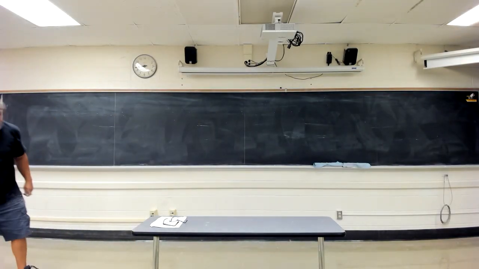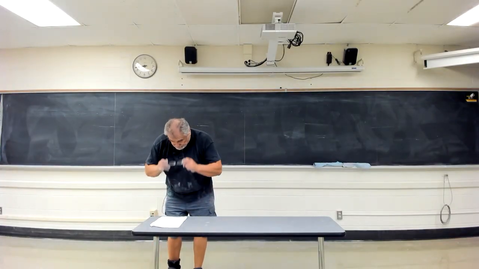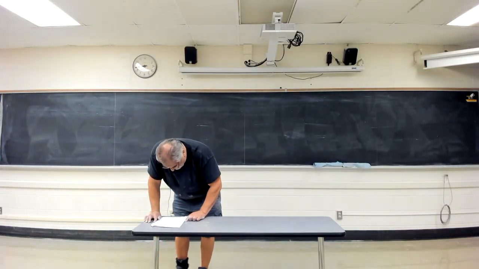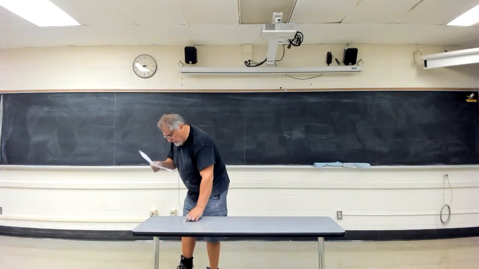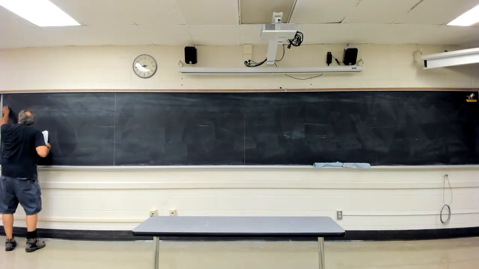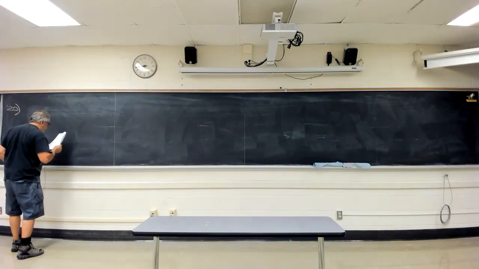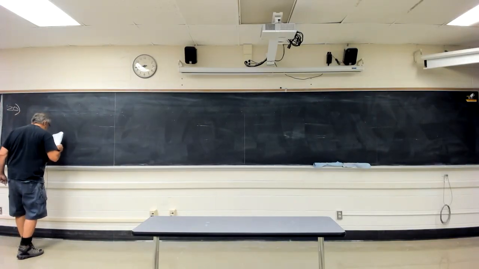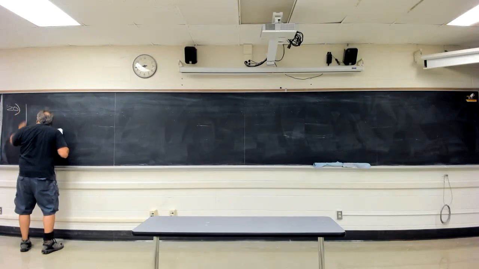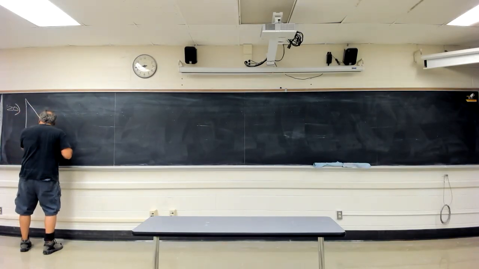So for 20, they're saying solve for x in the triangle, round your answer to the nearest tenth. They are saying a few things. This is 67 degrees, which is going to help us.